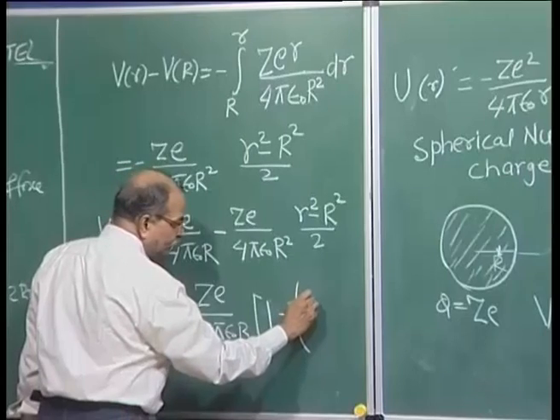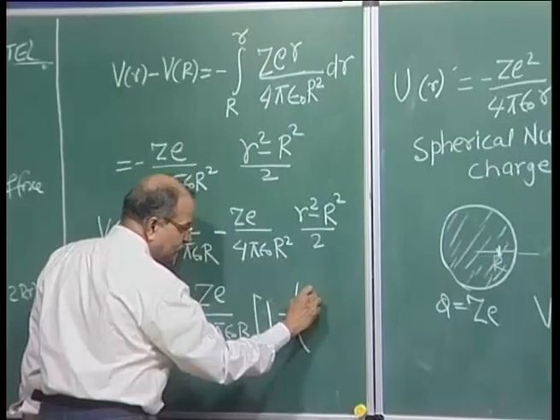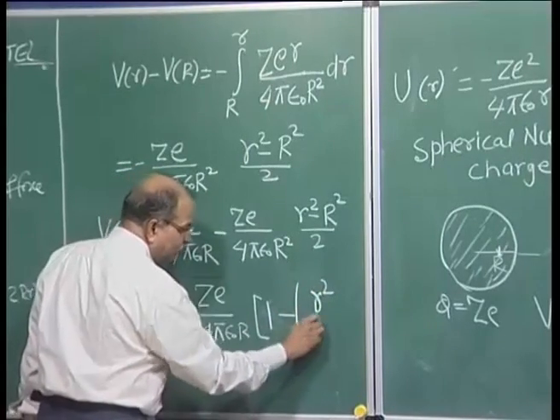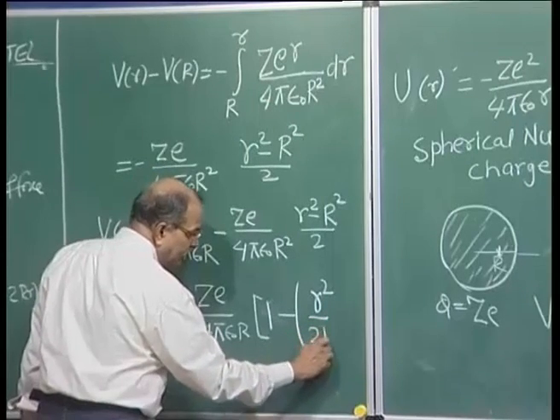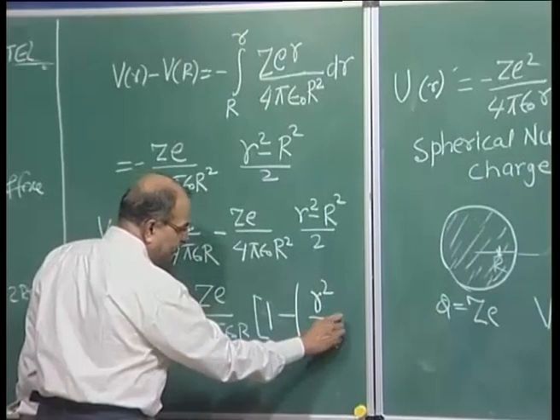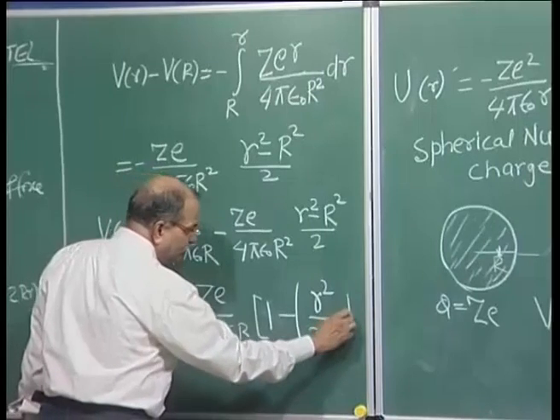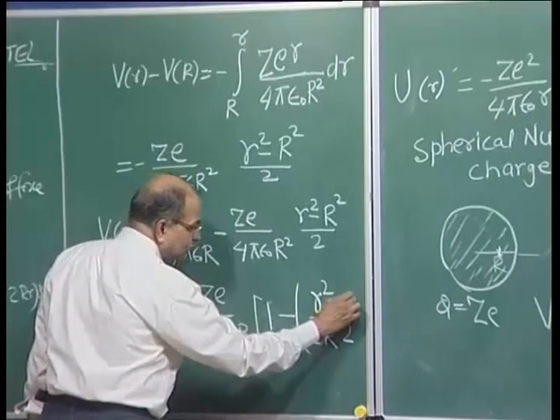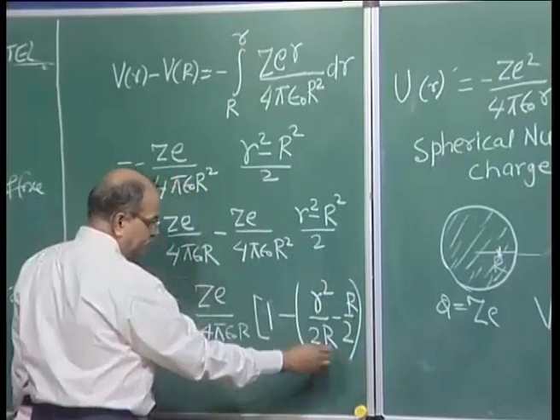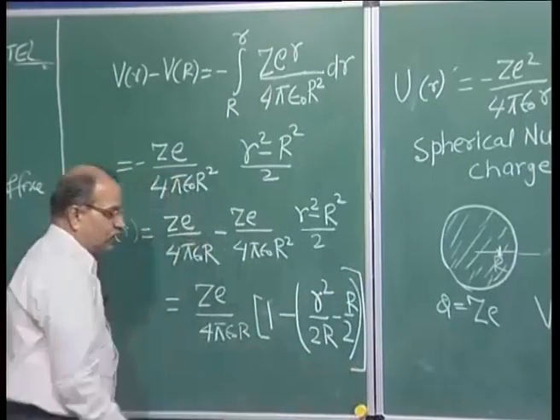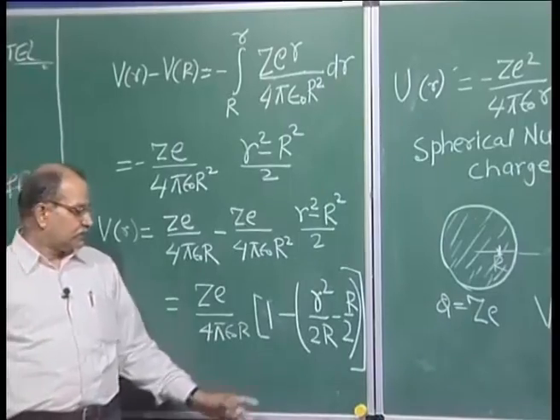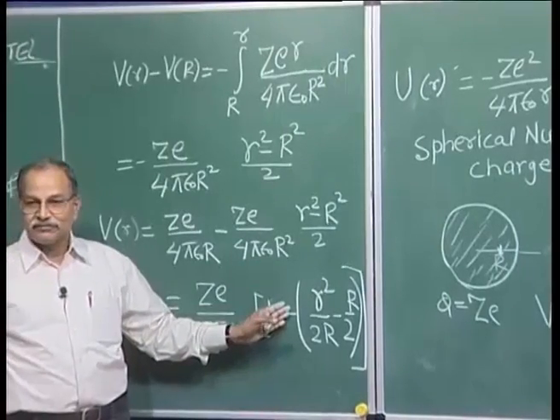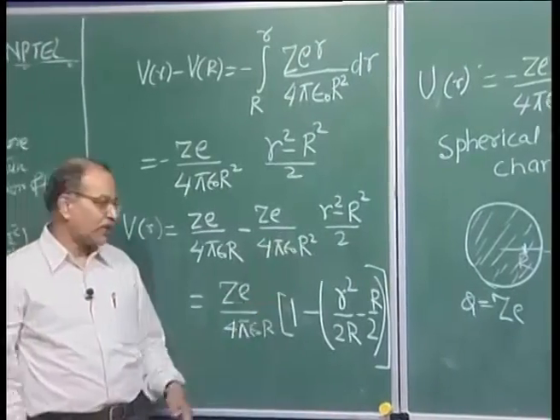So, r square by 2 capital R square minus 1, right, check, correct. Okay, good.